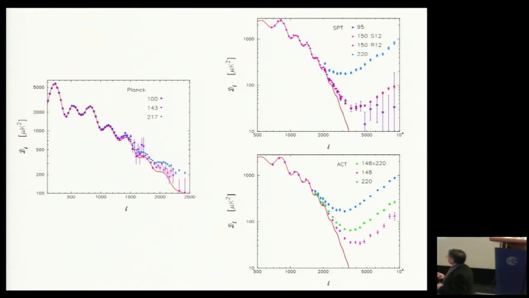When we use Planck on its own, we use relatively broad priors on the foreground parameters. For the base cosmology, base LCDM model, that's absolutely fine. There's very little sensitivity to those prior ranges.